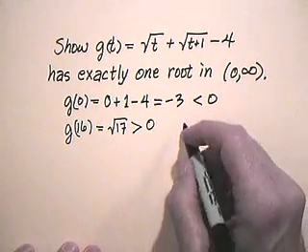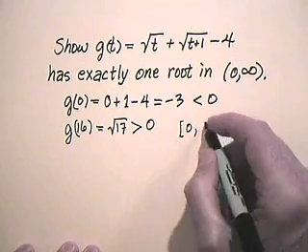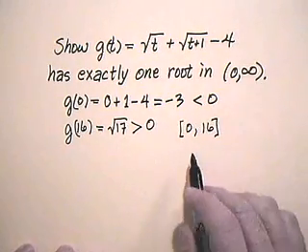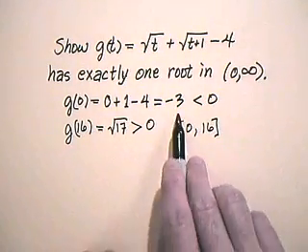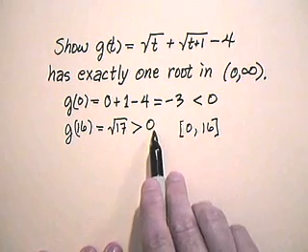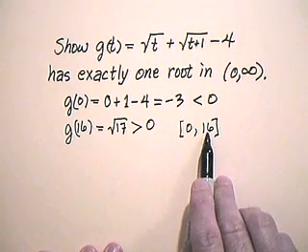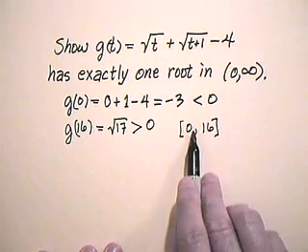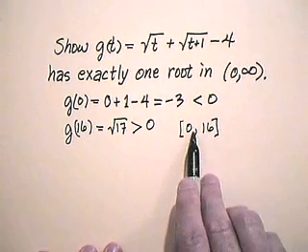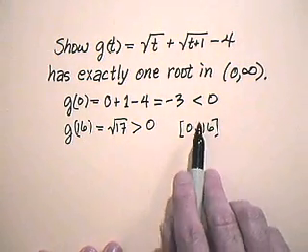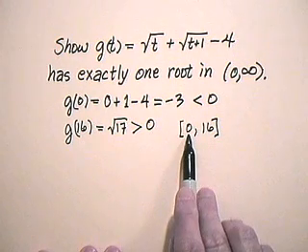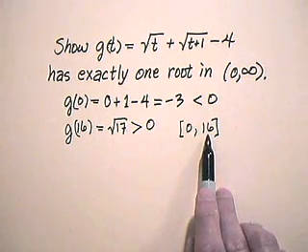So now, if I look at the interval 0 to 16, I have a negative value at the left endpoint, a positive value at the right endpoint, and so somewhere in between we have to have a crossing of the horizontal axis. That will be a root inside the closed interval 0 to 16.